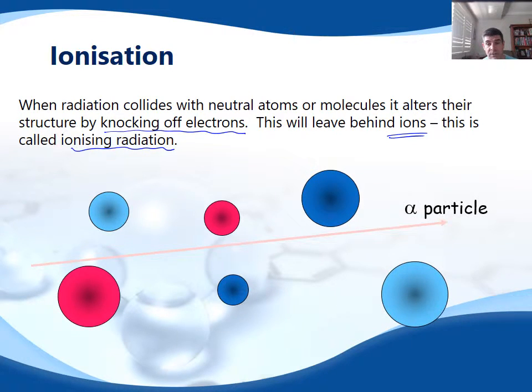So if we have a look at this, an alpha particle passing through a stream of other particles, what can happen is that that alpha particle can actually strike, or at least come close enough to one of those atoms in order to drive an electron away, and when it does that, it produces an ion, which is what's left behind.